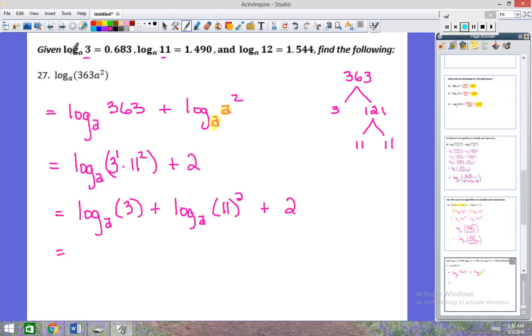Alright, up above they tell us that log base A of 3 is 0.683. If I move the 2 out in front, give myself a little bit more room.